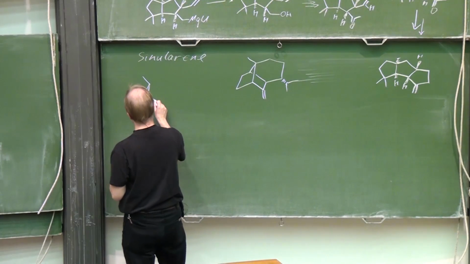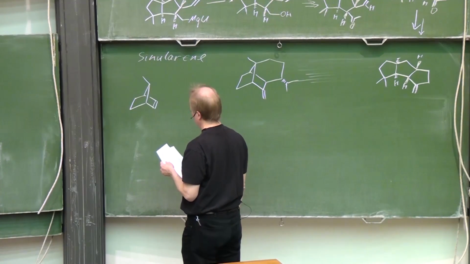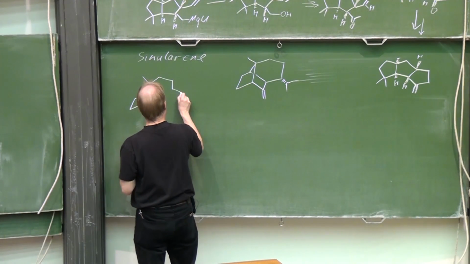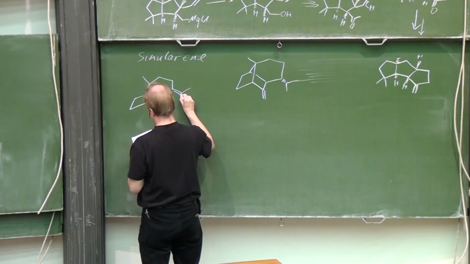So, once again, the key step in this organometallic system is the intramolecular Magnesium-Ene reaction.